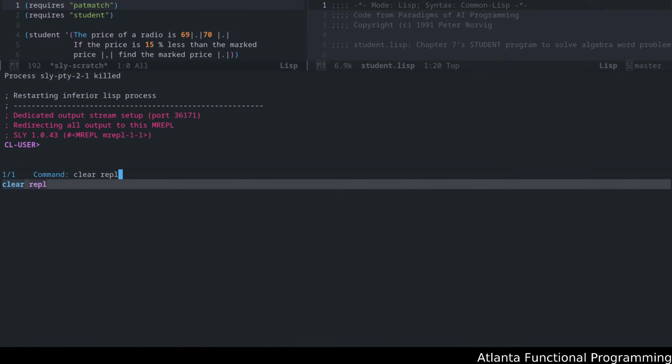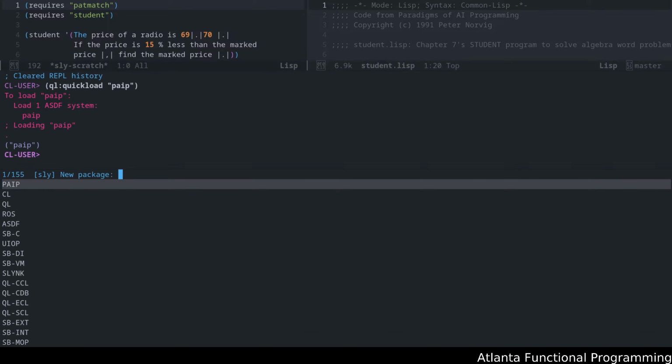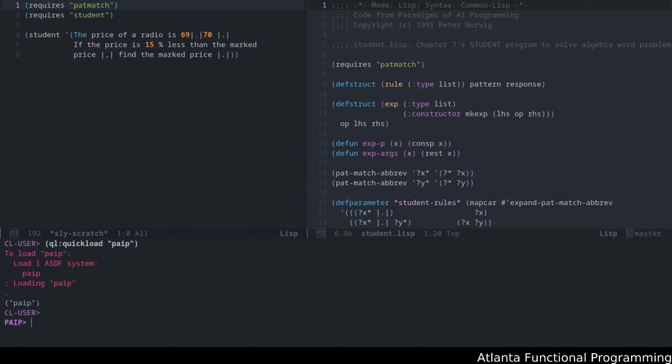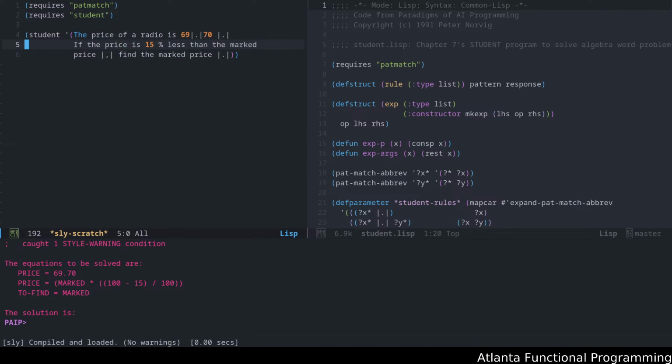Clear REPL. I mean, it worked, but it may not work all the time. Set package. Okay. Go up here. Load those two. So now we created 25 warnings, but this still will not cause an issue.